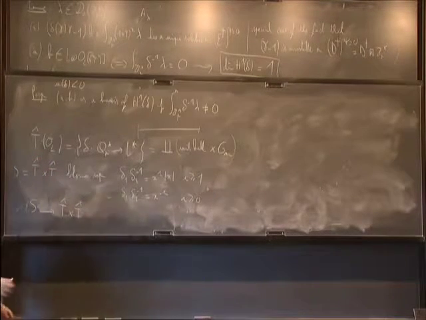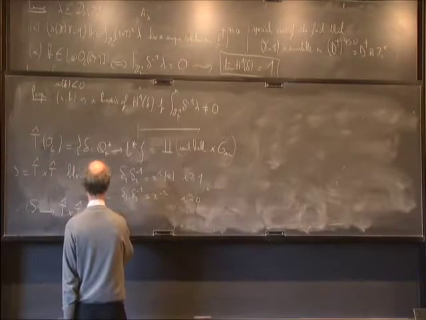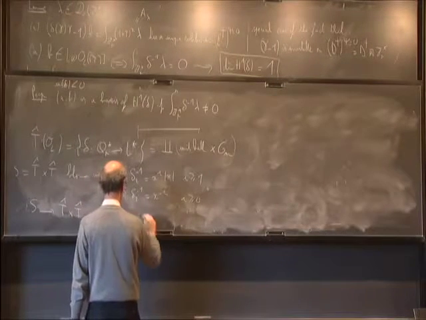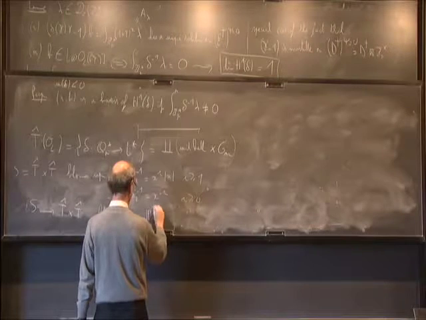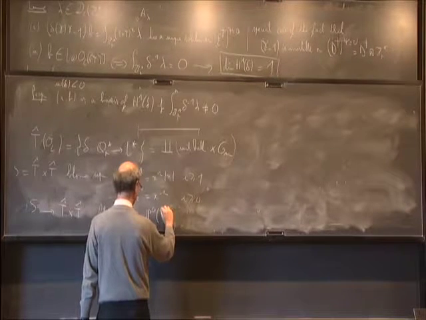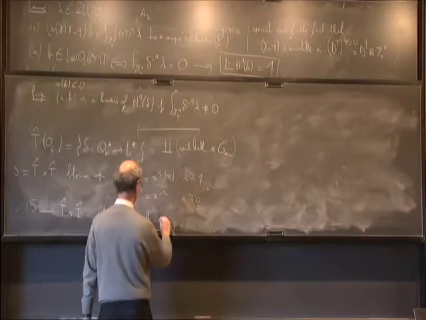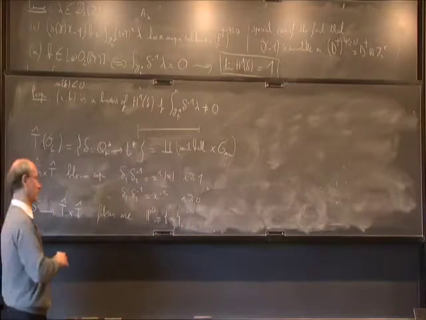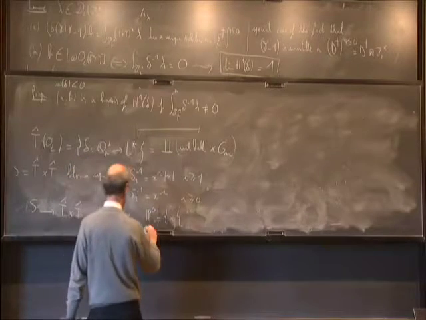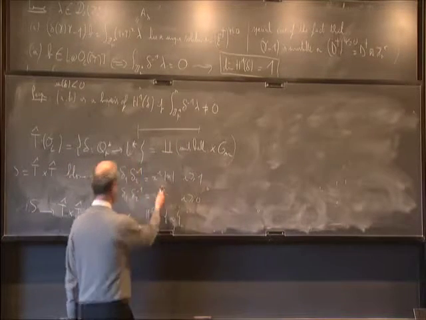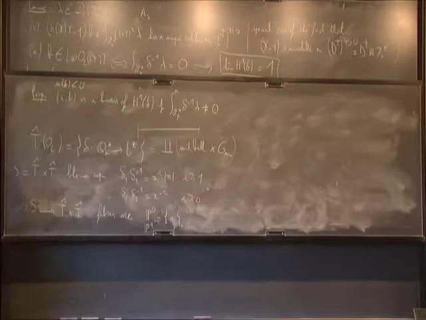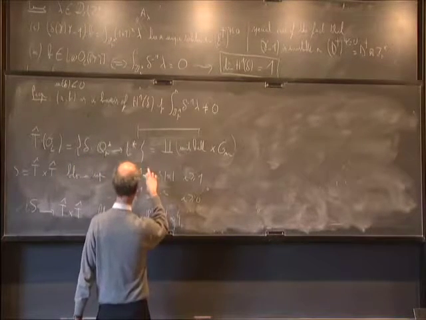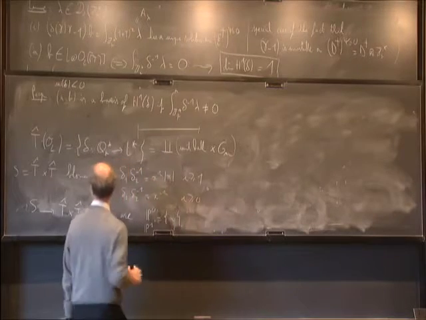And now the fibers are either one point, which I call P naught, which is just a point at infinity, or they are P1 in case you are above one of these families.